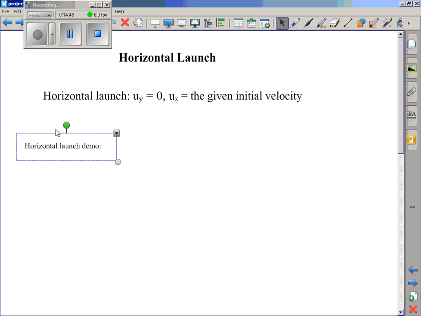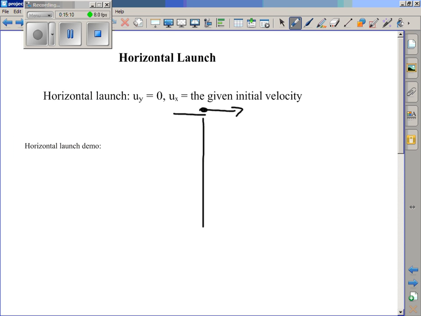We already did a little horizontal launch demo, so I'm not going to worry about that right now. I'm just going to jump straight into it. In a horizontal launch, your initial velocity in the y is 0. I mean, think about it. If you're launching horizontally, here's our cliff, and I'm launching like that, what axis is that initial velocity in?